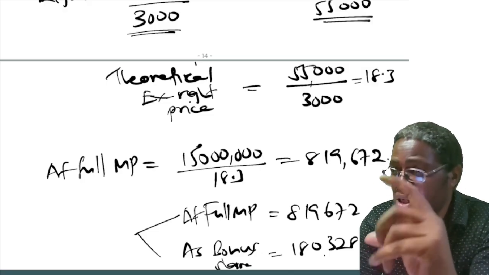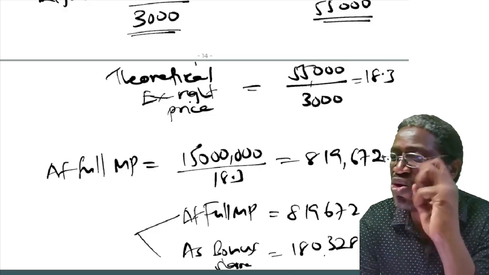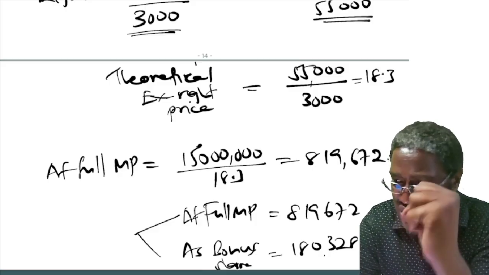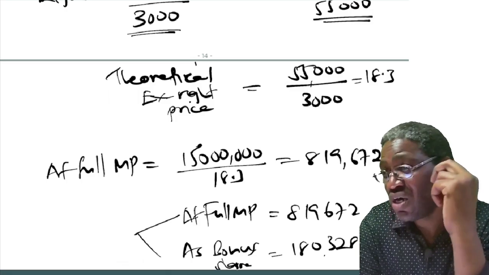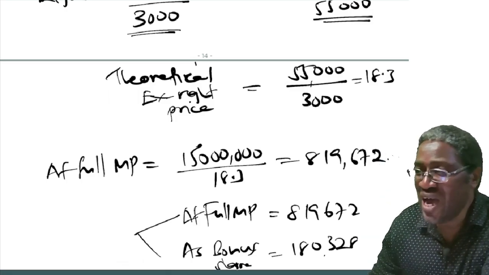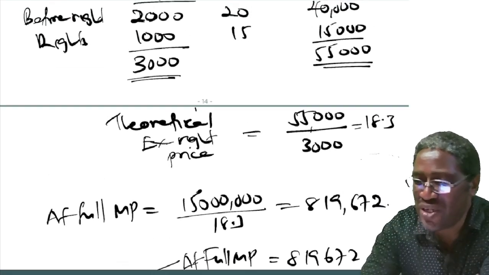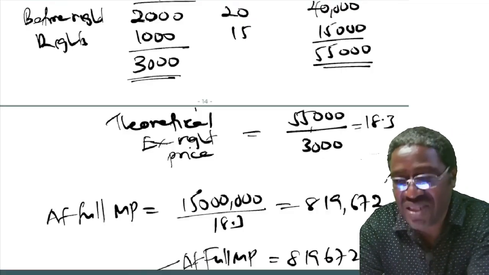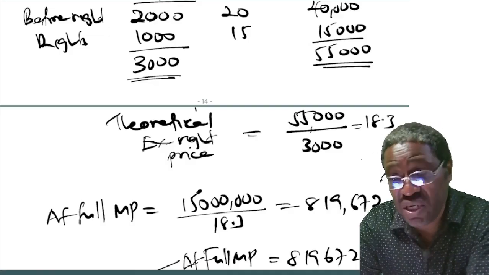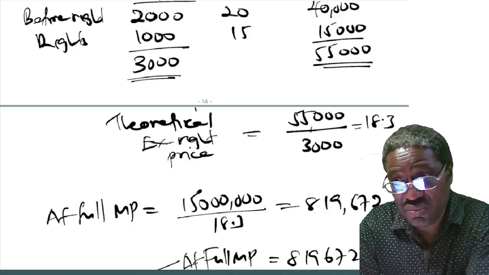I have said you first compute the theoretical ex-right price. How do you get that theoretical ex-right price? You divide the market capitalization of your company after the rights issue by the number of shares after the rights issue.